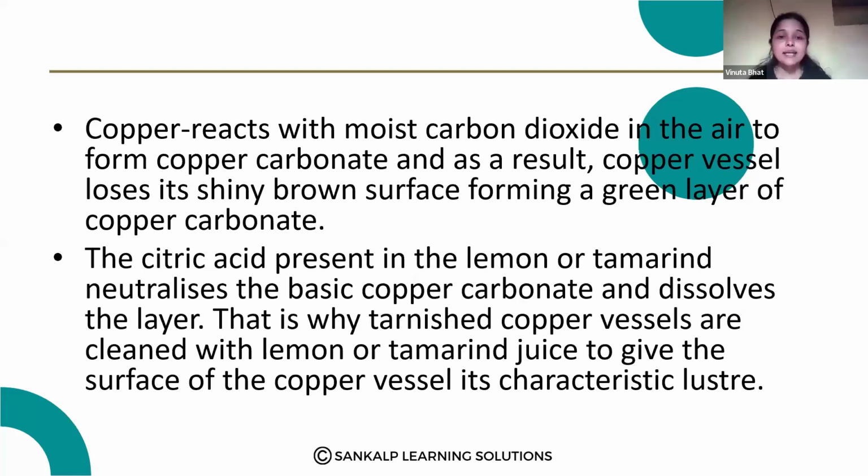Then the citric acid present in the lemon or tamarind neutralizes the basic copper carbonate and dissolves the layer. That is why tarnished copper vessels are cleaned with lemon or tamarind juice to restore the surface of the vessel its characteristic luster.